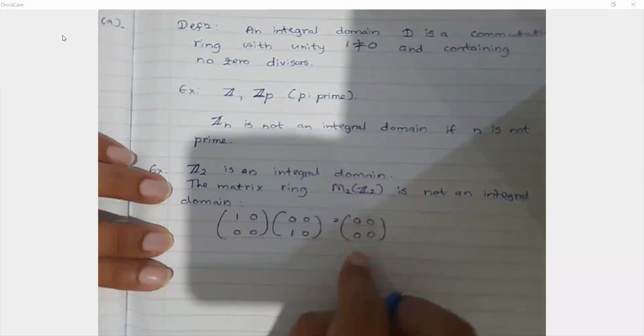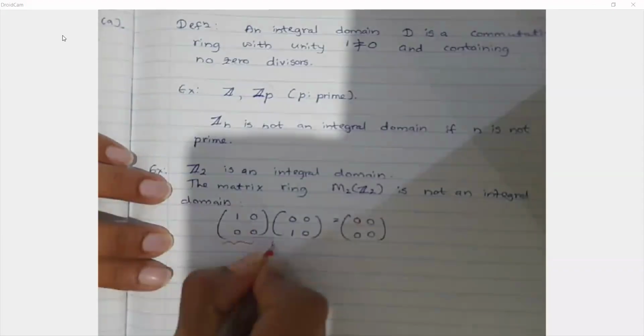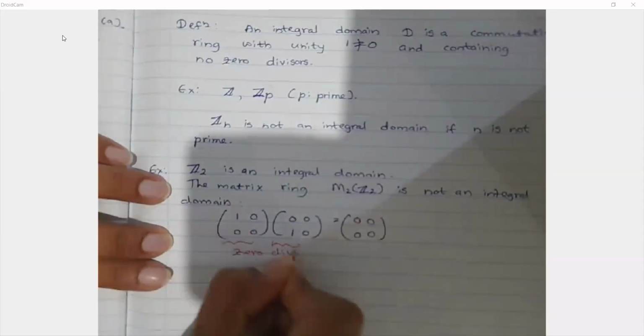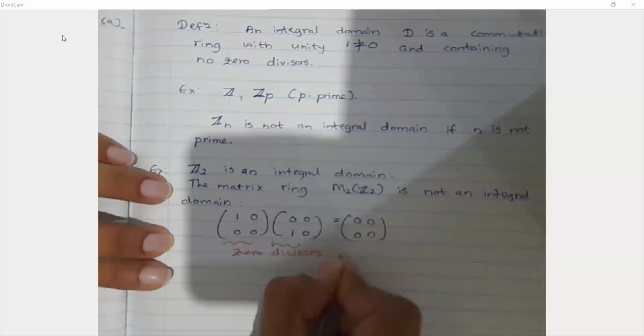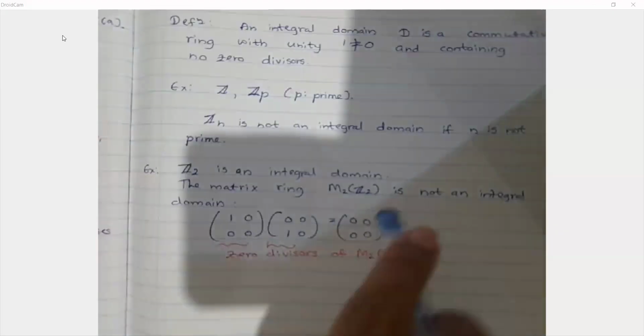So these are zero divisors of M2(Z2). Therefore, even though Z2, where these underlying entries come from, is an integral domain, the matrix ring itself is not an integral domain. It contains zero divisors.